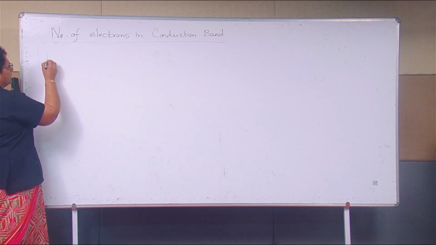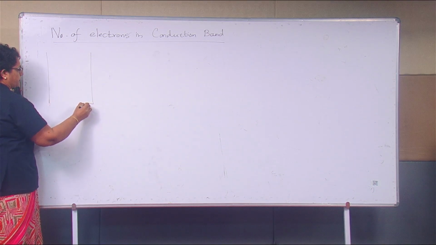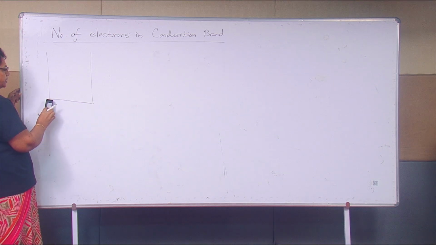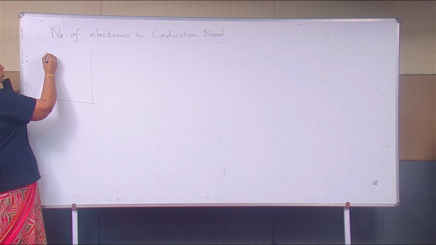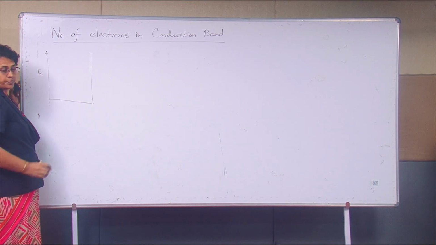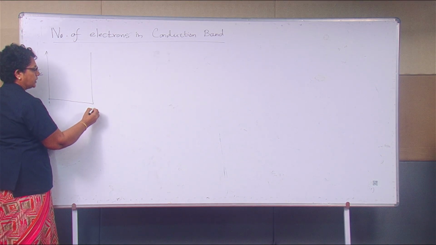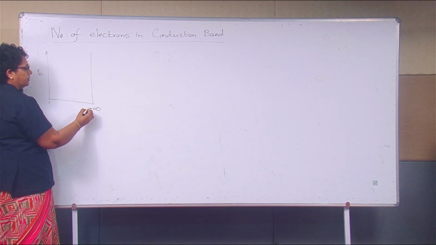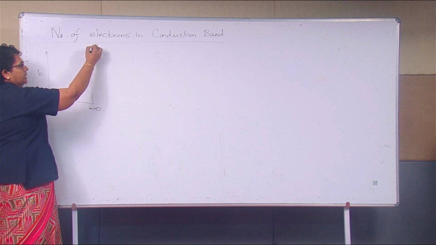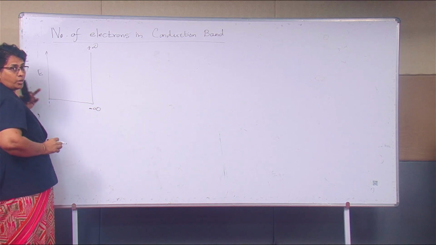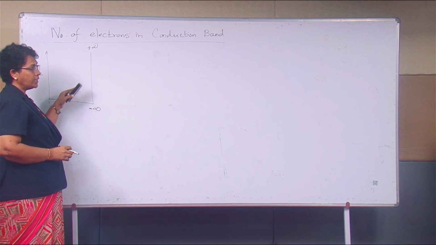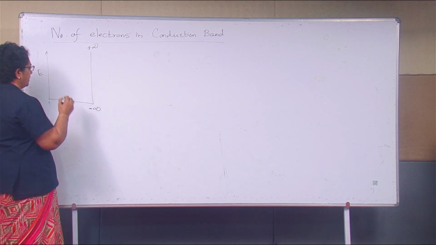For this we can see the diagram. These are the energy bands. There are so many energy bands here, starting from minus infinity and ending with plus infinity. We know that the bottommost band is valence band and the topmost is conduction band.